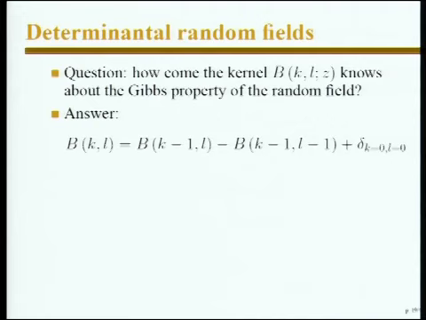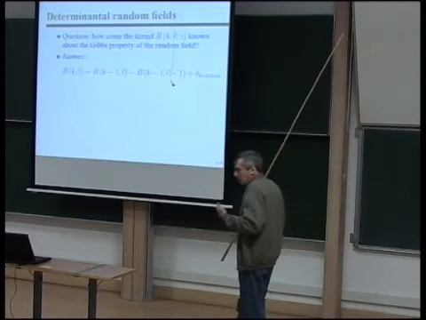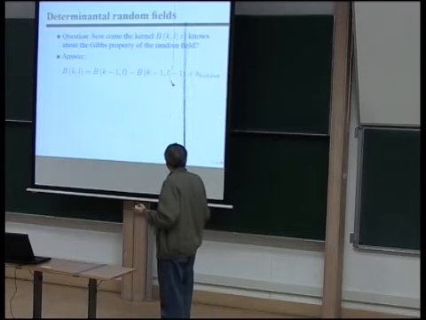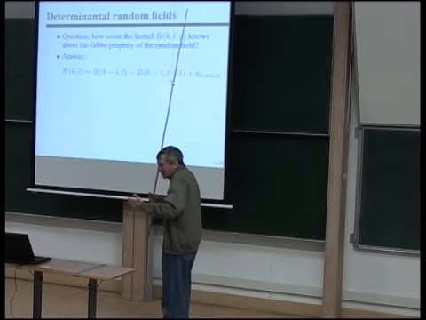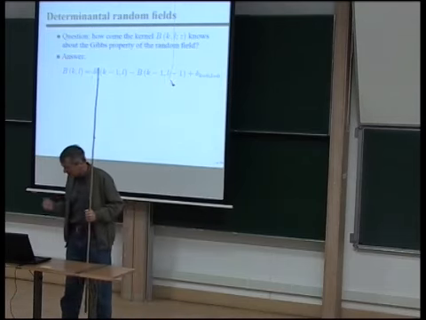I will talk about other examples later. Then those two facts together tell you that the underlying random field has some kind of Gibbs property. So this linear relation is the reason why things are so nicely looking.